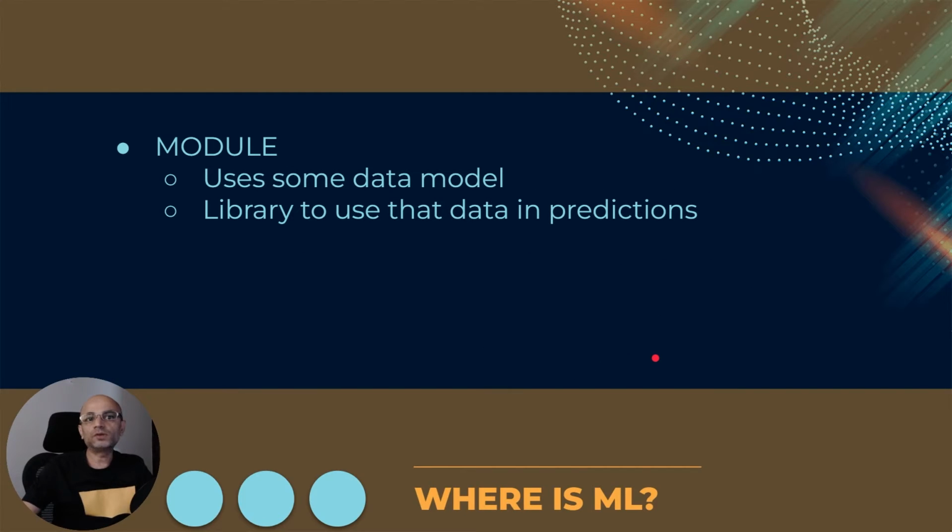And this module which is doing this work uses some data model and some library on top of that for predicting the outcome. And this prediction is known as inference in ML.